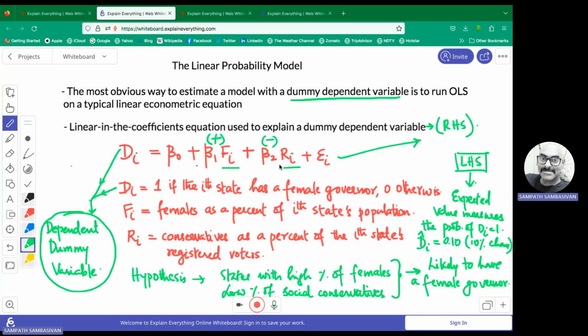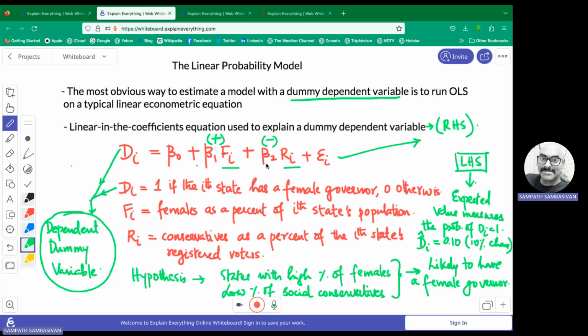What do we mean by social conservatives? We are in a larger patriarchal system, so there would be a large number of people who wouldn't want a woman to assume a very high post such as governor.